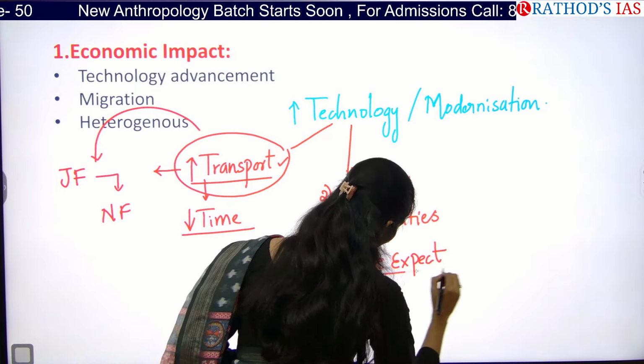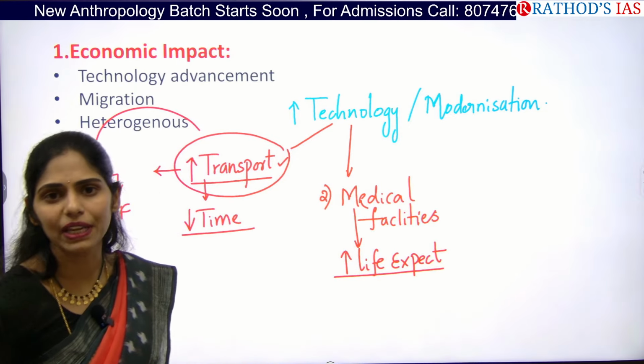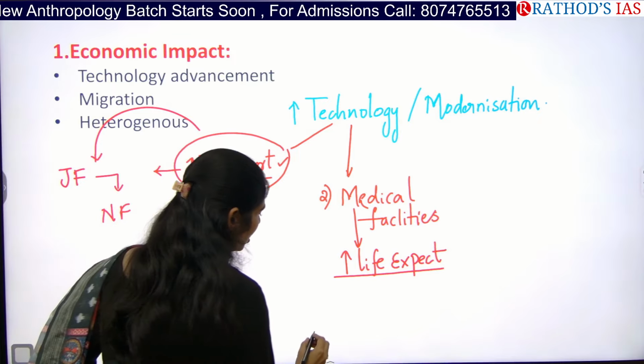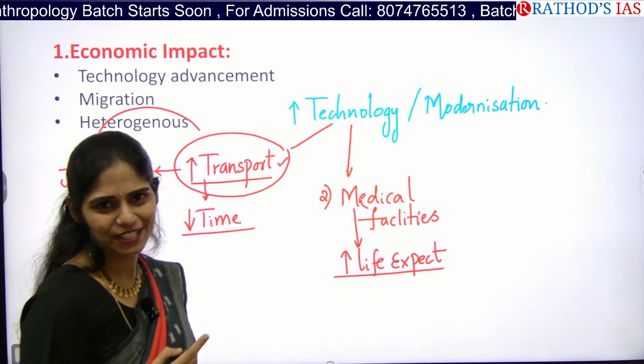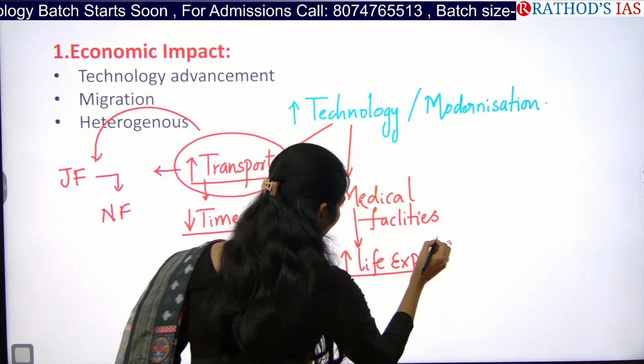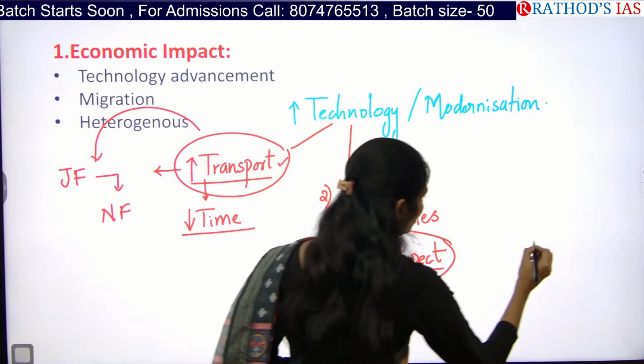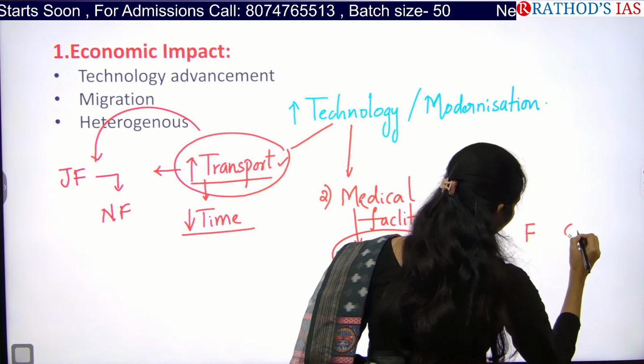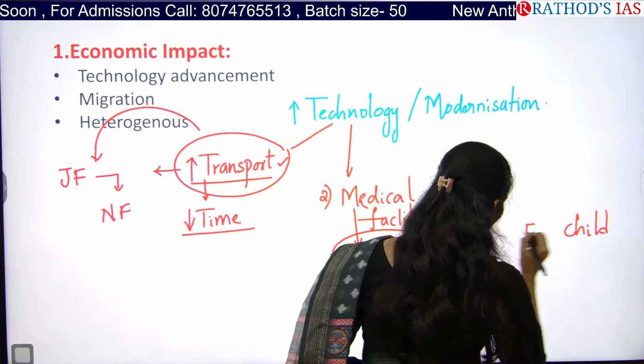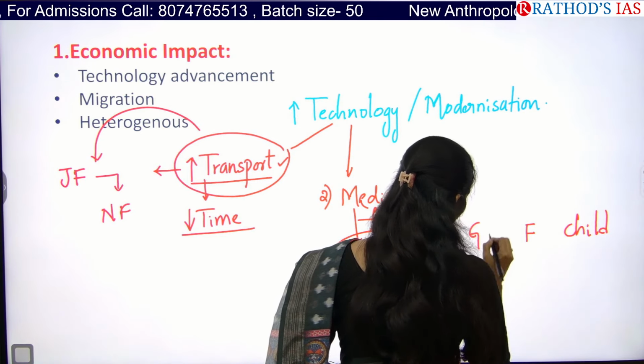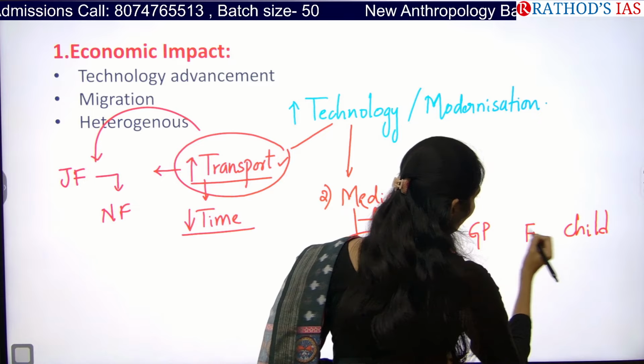That means now we can increase the lifespan of people. That means what happened? We are increasing the generations. Okay. So because of increasing of life expectancy, for example, father, child, and this father is also having his father. That is nothing but grandparent of this child.